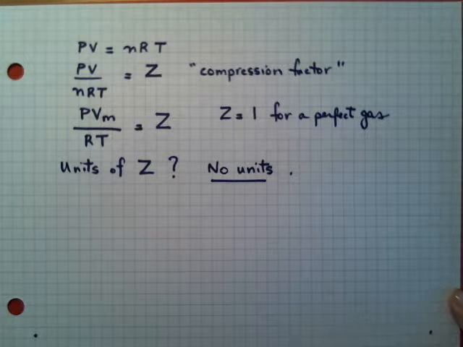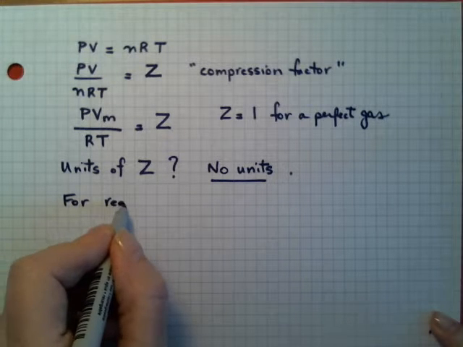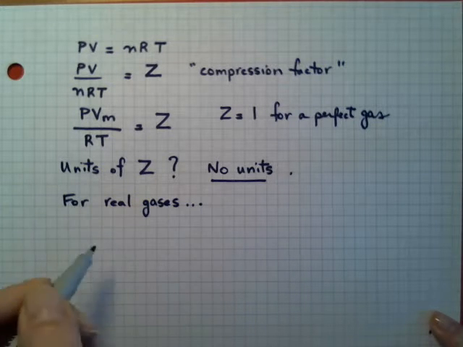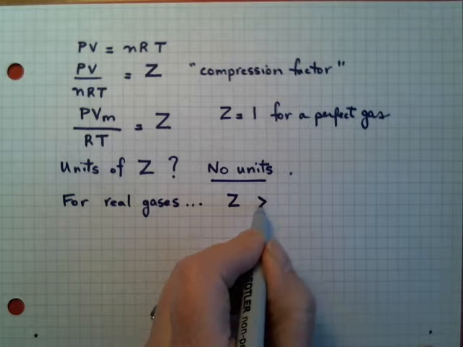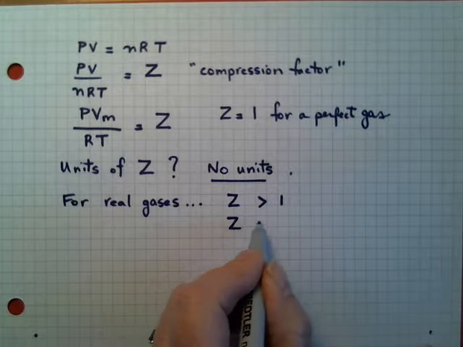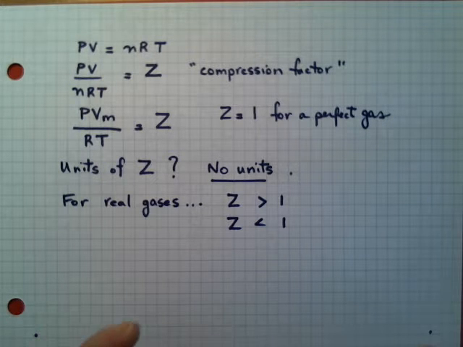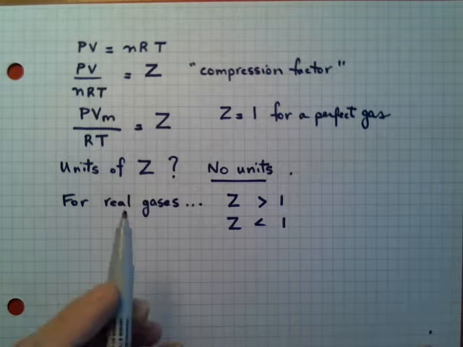So for real gases, Z is close to 1, but it can be a little bit greater or a little bit less. So for real gases, what do we have? Z can be greater than 1, Z can be less than 1, and in some rare cases for a real gas, Z is actually very close or equal to 1, but we'll get to that in a minute.